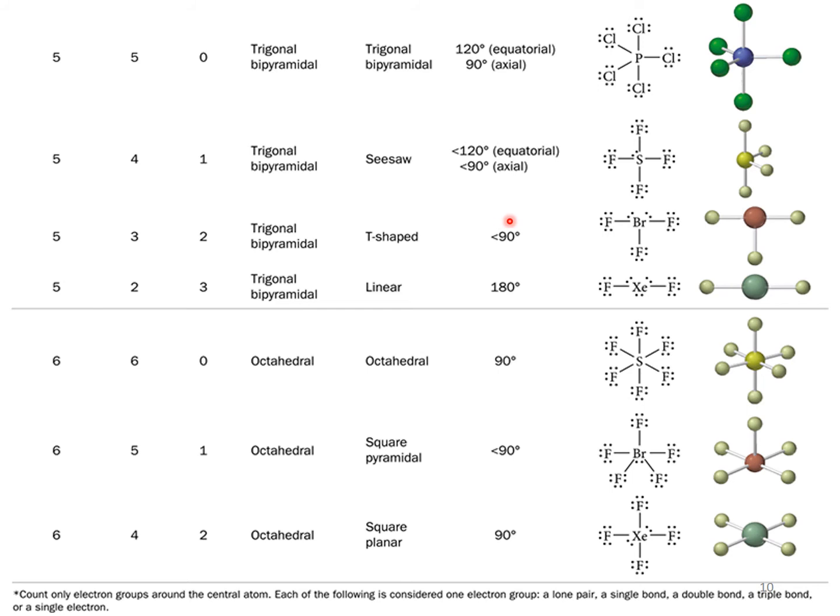So you do need to know these geometries, and especially with seesaw and trigonal bipyramidal, remember these do have 2 different bond angles. So when we ask to report the bond angle, you do need to say both of those bond angles.